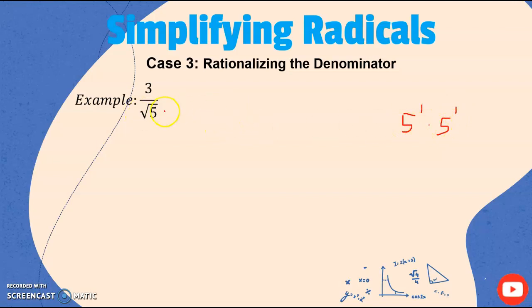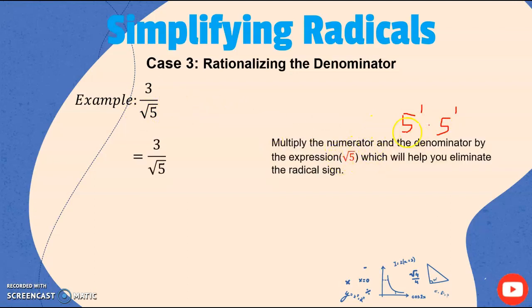So you have to multiply a square root of 5, not just 5, because if you only multiply 5, it's going to be 5 times square root of 5, which is different. Both of them should be in radical. So you multiply square root of 5 over square root of 5 with the numerator and the denominator.